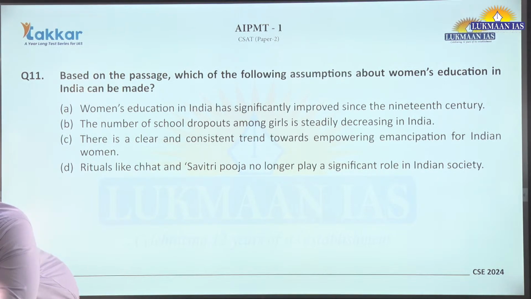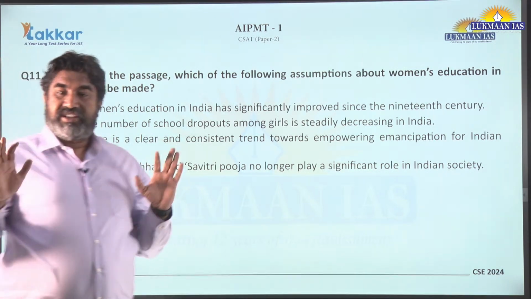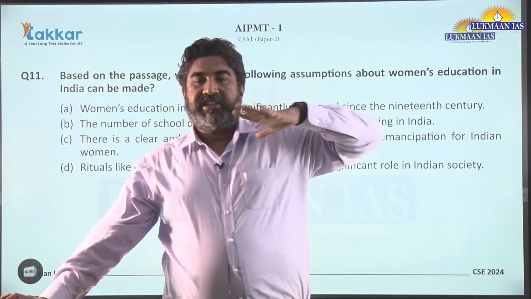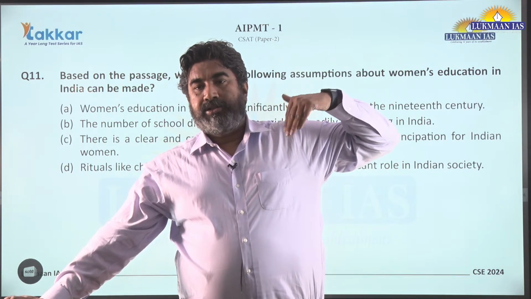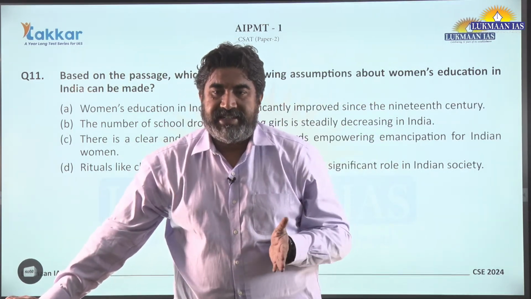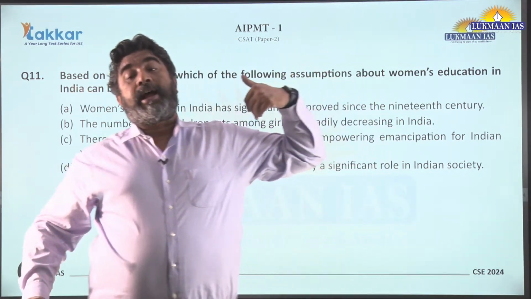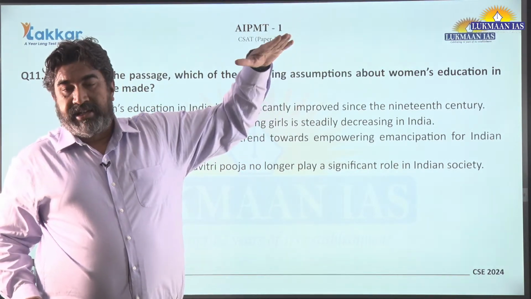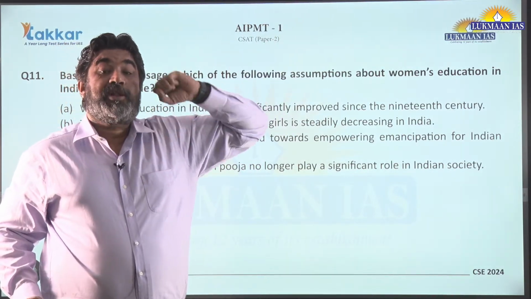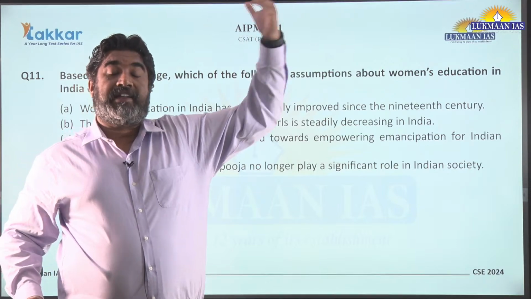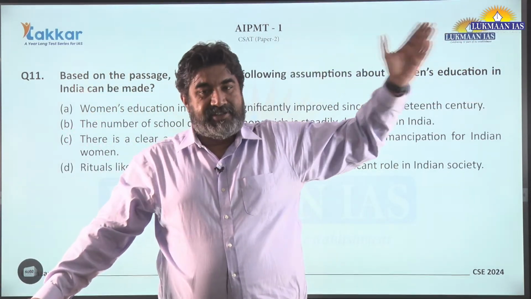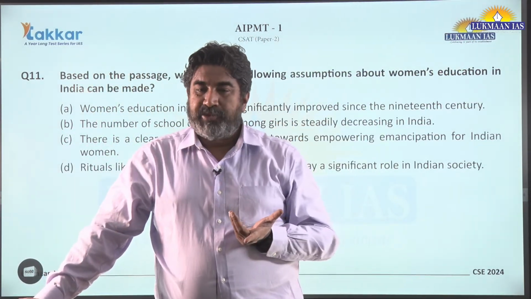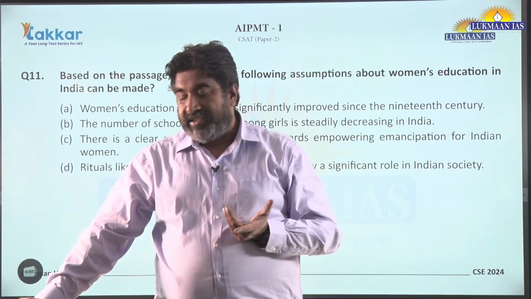What is the lingering issue? The lingering issue is, for example, gender issues, violence against the gender. It happened only in the past? No, it is not happening now. So the lingering issue is the problem that happened previously. So this option is automatically wrong, isn't it?